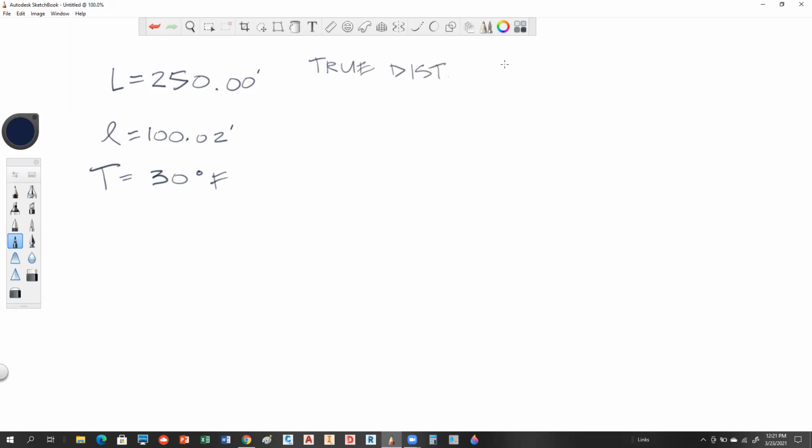So again, we're assuming we had a fixed point here in the ground, and we had another fixed point here. So we want to know what is that distance? So let me ask you this. Is this a measurement problem or is this a layout problem? Because we have to identify that first, based on what I just showed you in that diagram.